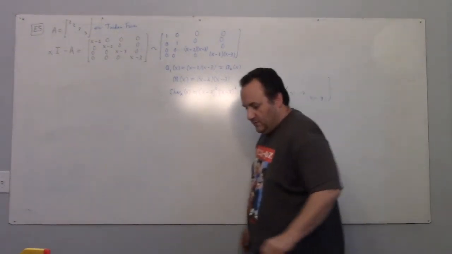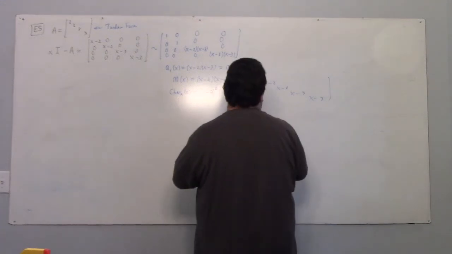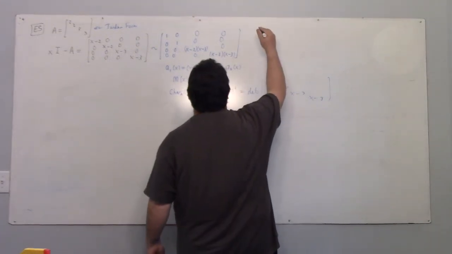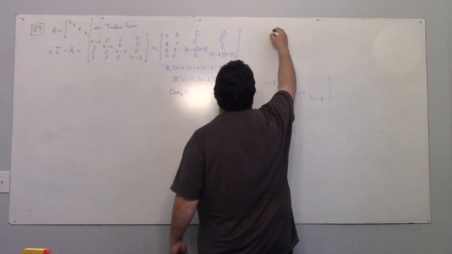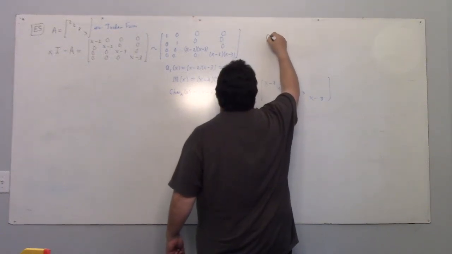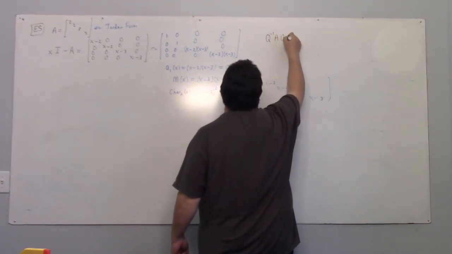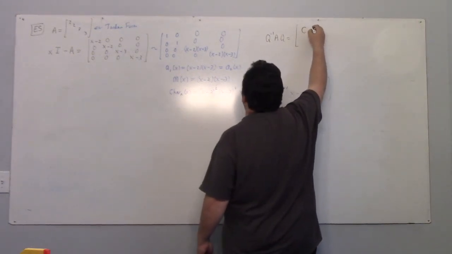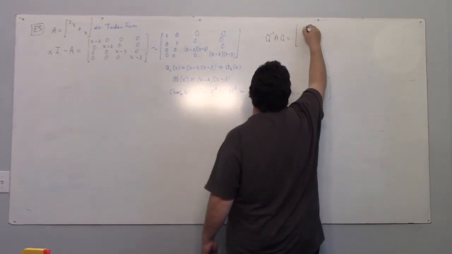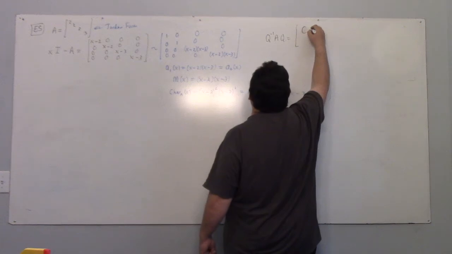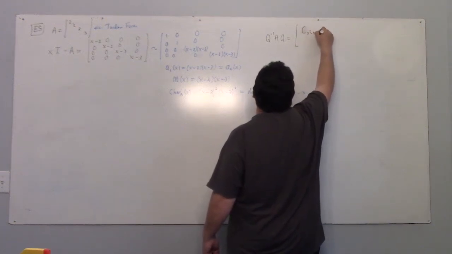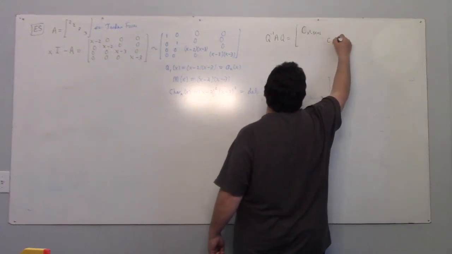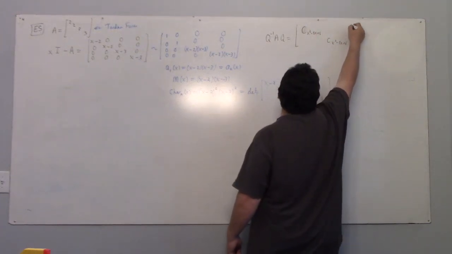So that means for the rational canonical form, we want Q inverse AQ to be equal to the companion matrix for, and my notation was what, A? I guess he uses C for companion matrix, right? C of x squared minus 5x plus 6, C of x squared minus 5x plus 6.